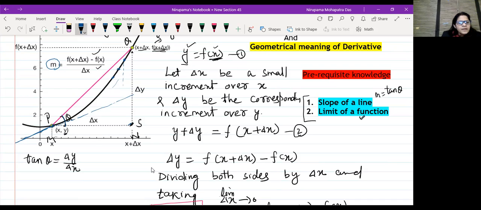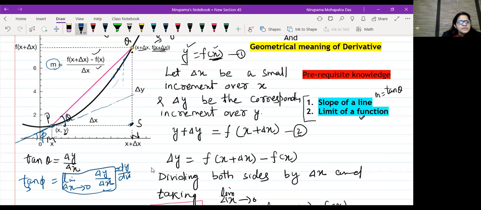delta x approaches 0, delta y by delta x. Suppose this angle is phi. Now tan phi equals limit delta x approaches 0, delta y by delta x. So this is dy by dx. Now this is tan phi.